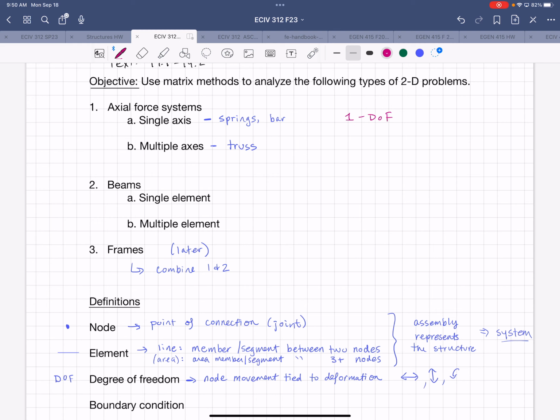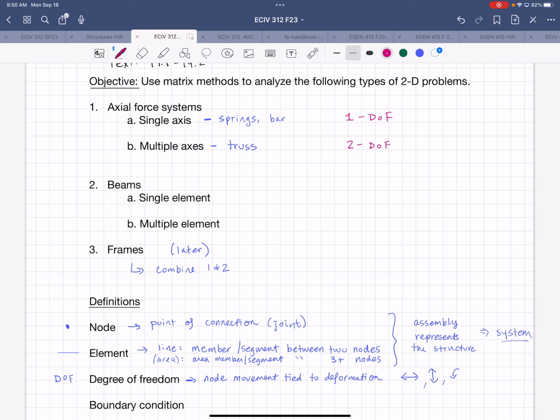With a truss, even though individual truss members are 1 degree of freedom because they can only deform axially, in terms of the total assembly of the structure, we have to define 2 degrees of freedom, 1 horizontal, 1 vertical, or so on, right? 2 orthogonal directions to represent the different directions that any given truss element could move within the global XY Cartesian axes.